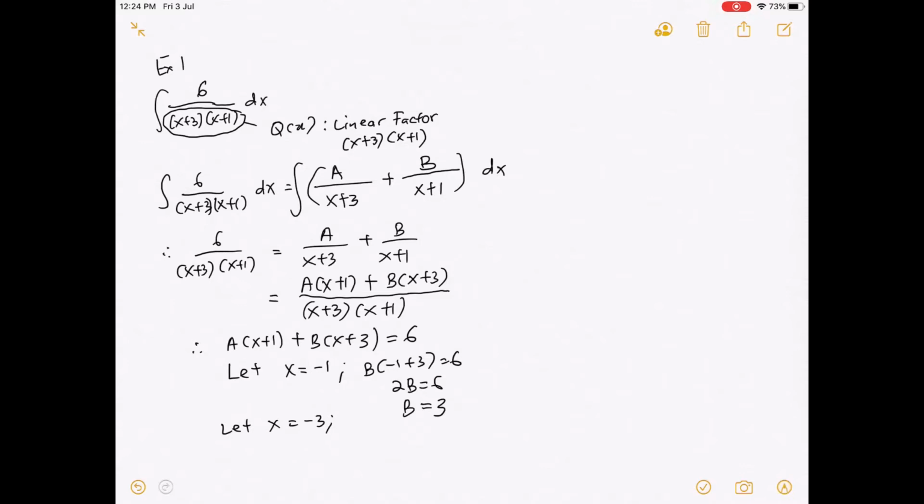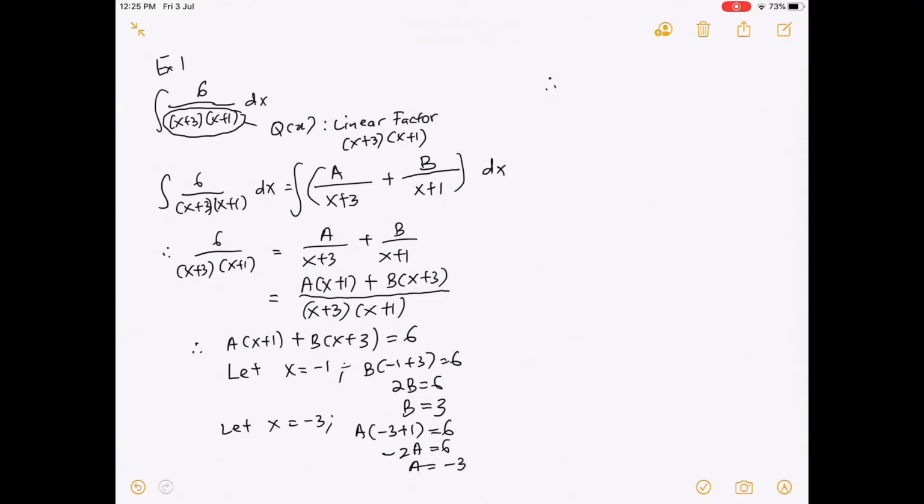Why do I choose x equals negative 3? Because then the B term will be 0, so it's easier for me to find the value of A. What's left is A(negative 3 plus 1) equals 6, so negative 2A equals 6, so my A will be negative 3.